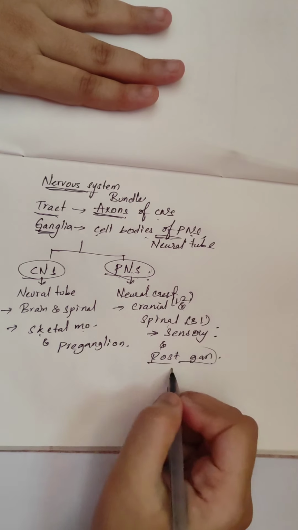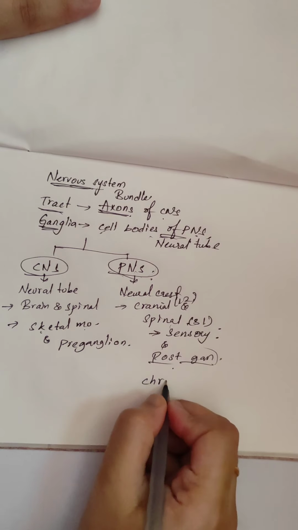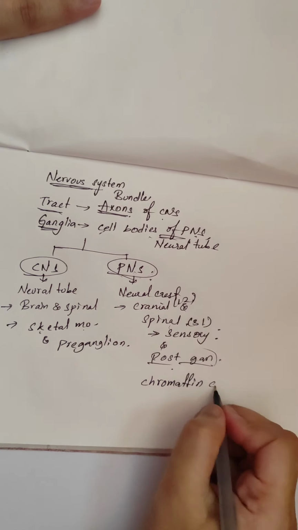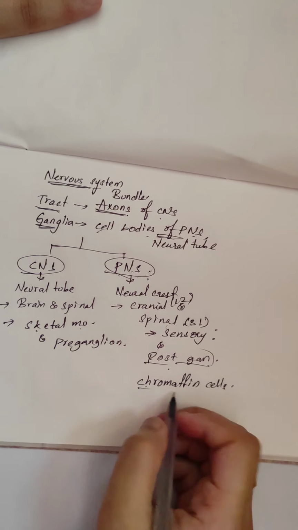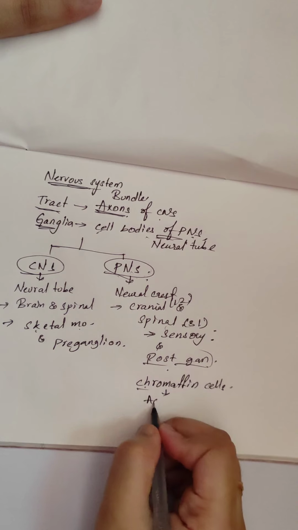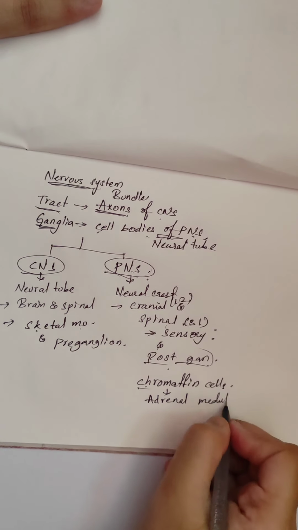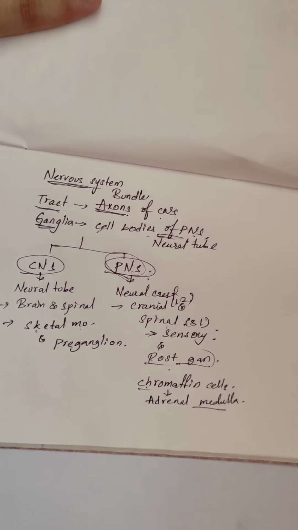We discussed chromaffin cells in embryology germ layers. These chromaffin cells migrate to the adrenal medulla to form the postganglionic neurons of the PNS.